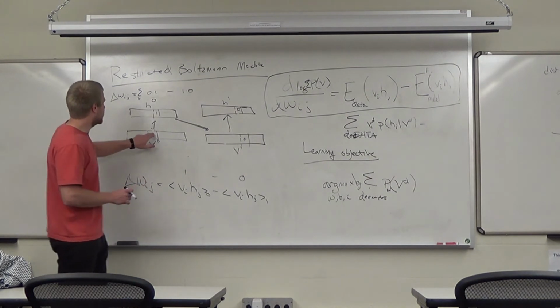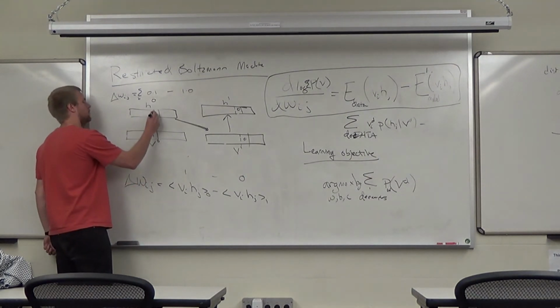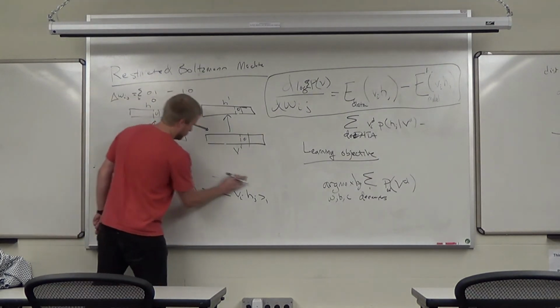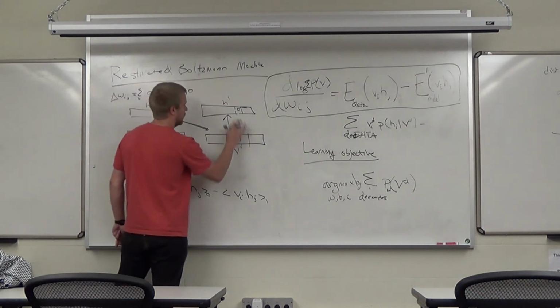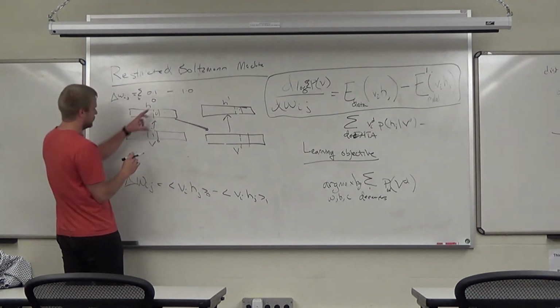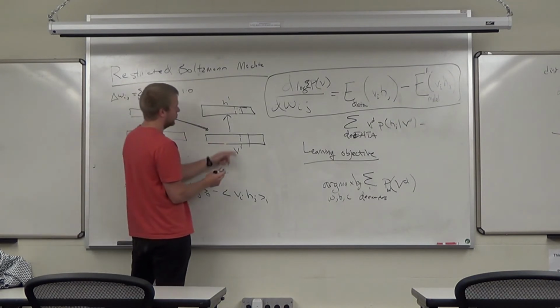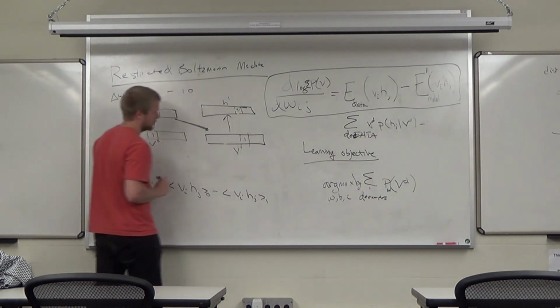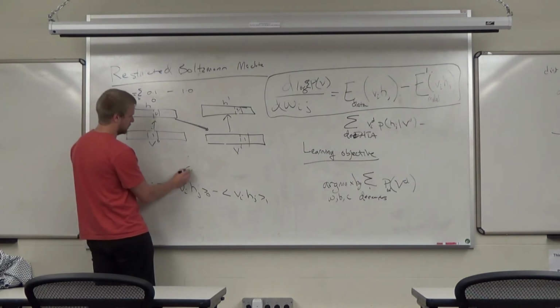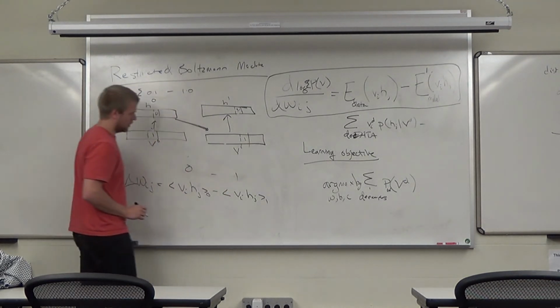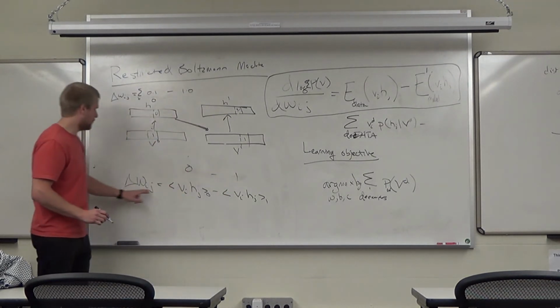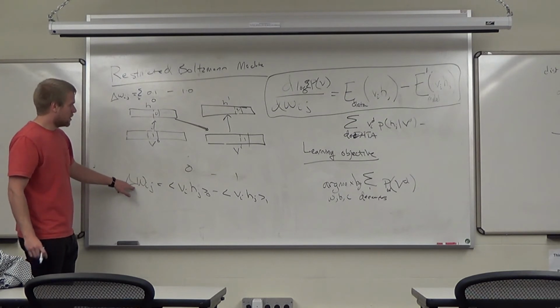Now let's say that actually it was a 0 in the other case, so these units aren't really strongly connected to each other, but then over here they were strongly connected to each other, then this would be 0 and then this would be 1. And so this would be a negative value, so it would make the weight less.